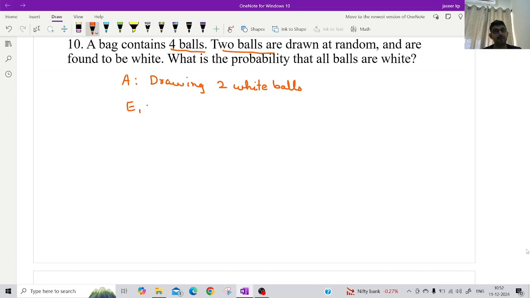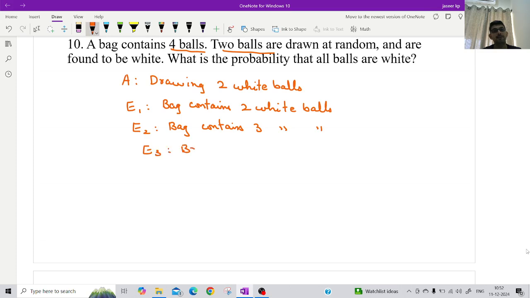So the probability, first one is bag will have only 2 white balls. Okay, bag contains 2 white balls. It will have minimum 2 white balls because we already got 2 white. Now bag contains 3 white balls. And last, bag contains all white balls, that is 4 white balls.